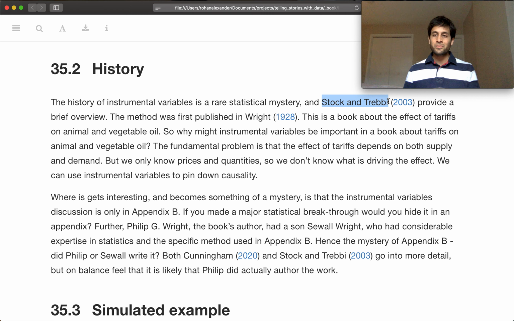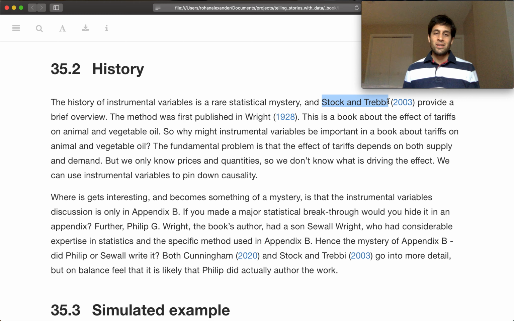And not only that, but the wonderful statistical insight that you found is just relegated to an appendix. So Wright put this introduction to instrumental variables just in Appendix B.